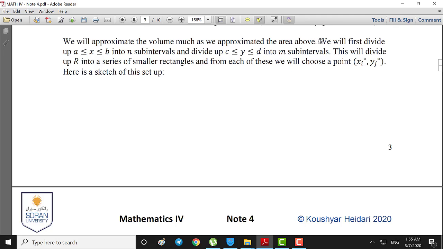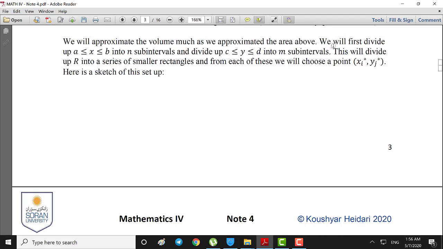We will first divide up the interval from A to B into n subintervals, and then divide up the interval from C to D into m subintervals, and this will divide up R into a series of smaller rectangles, right? And from each of these smaller rectangles, we will choose a point xi star, yj star, and go on from there.